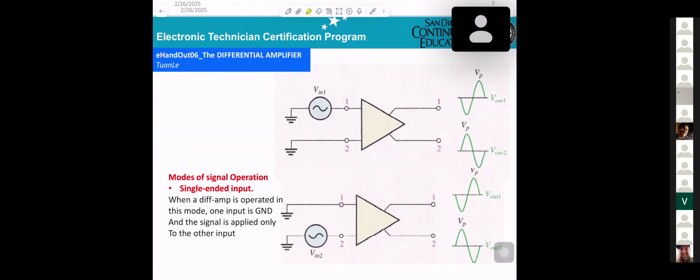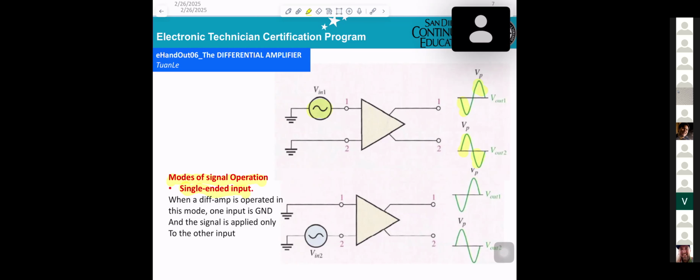Now, mode of signal operation. Single-ended input. That means they apply only one input, the other one they ground. So you can see output 1 will be inverted, output 2 will be in phase.